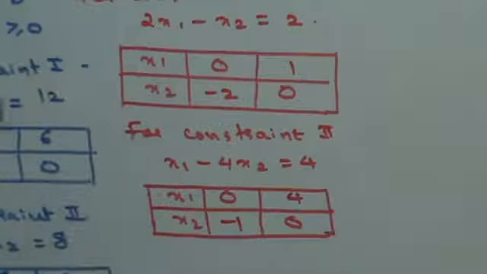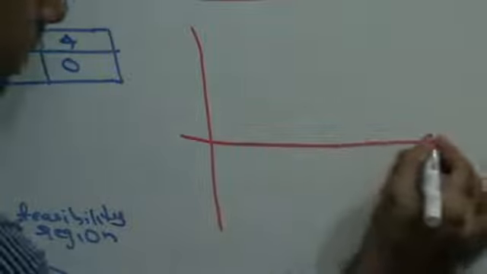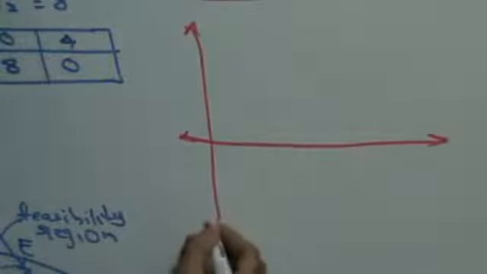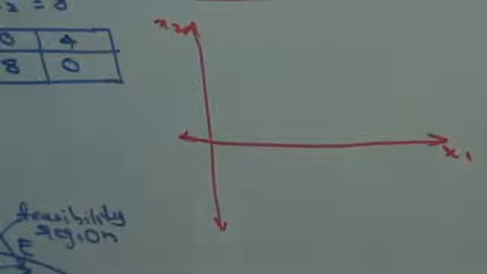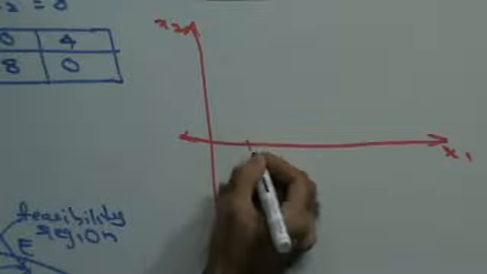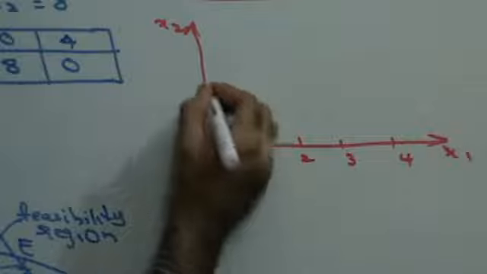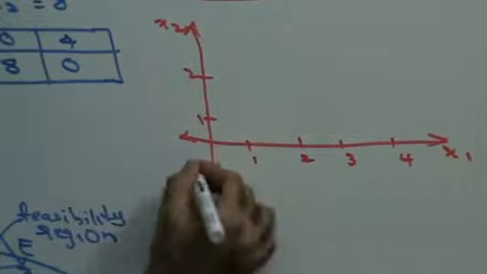Now, see the graph for this, guys. This is your x1, this is x2, right? This is going to be 1, 2, 3, 4, 1, 2, minus 1, minus 2, right?